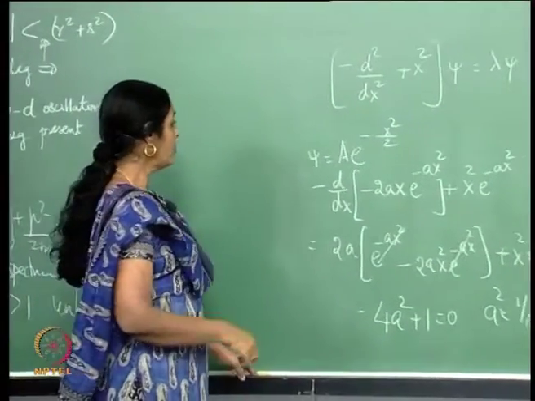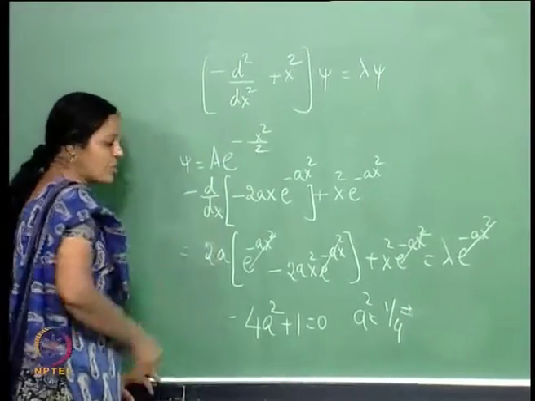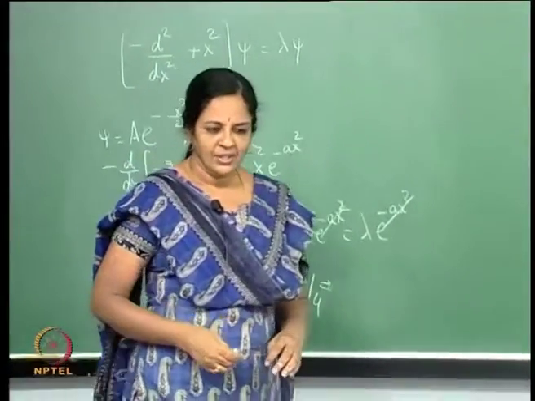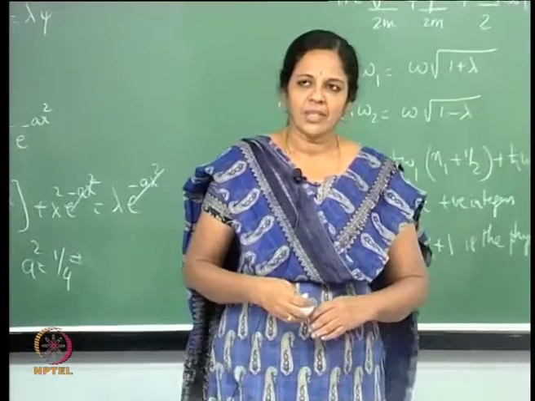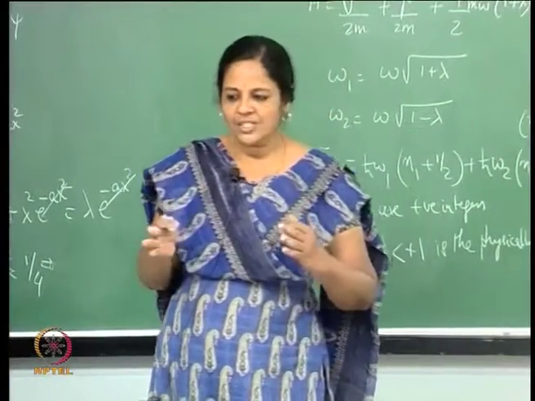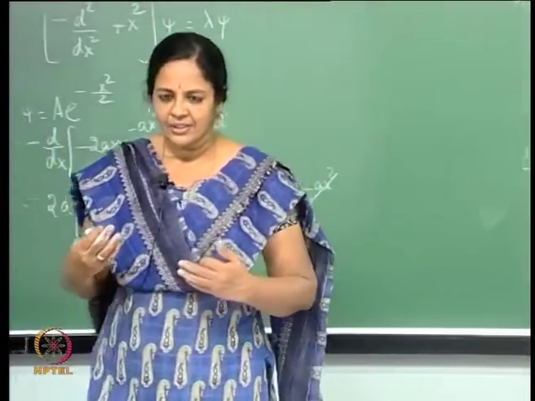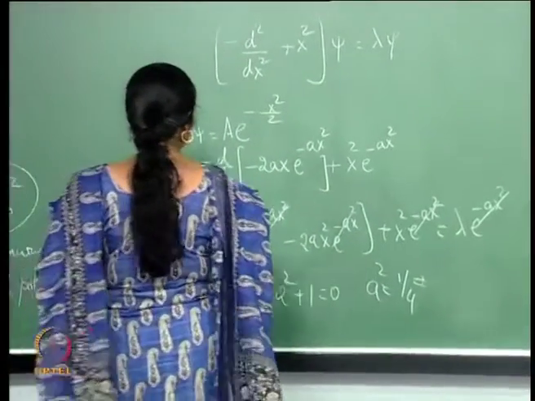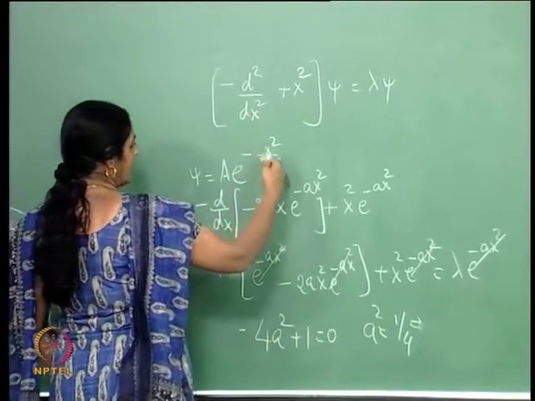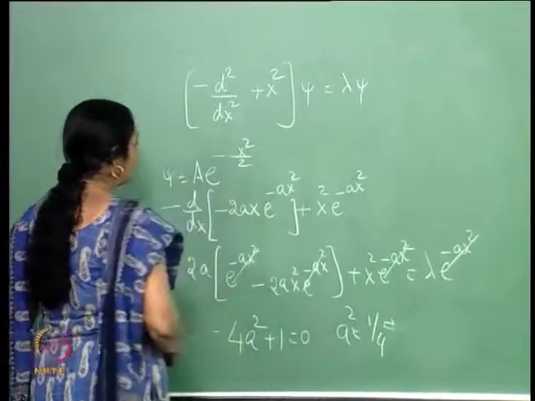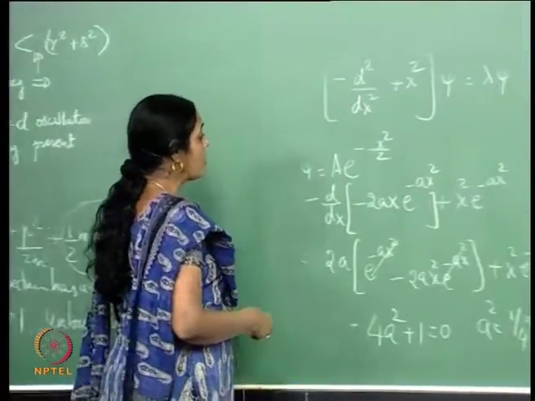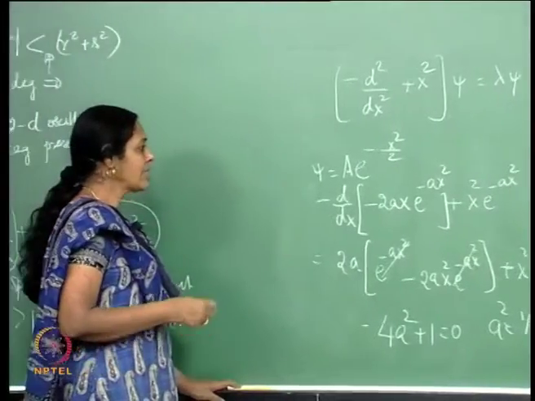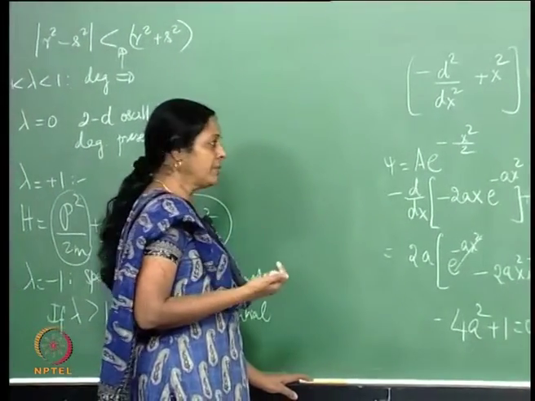Now you also know that for this ground state of the harmonic oscillator, not only this state but all the states, the ground state, first excited state, second excited state and so on, you can find out the expectation value of x. You can also find out expectation x squared, and as you know expectation x is 0.